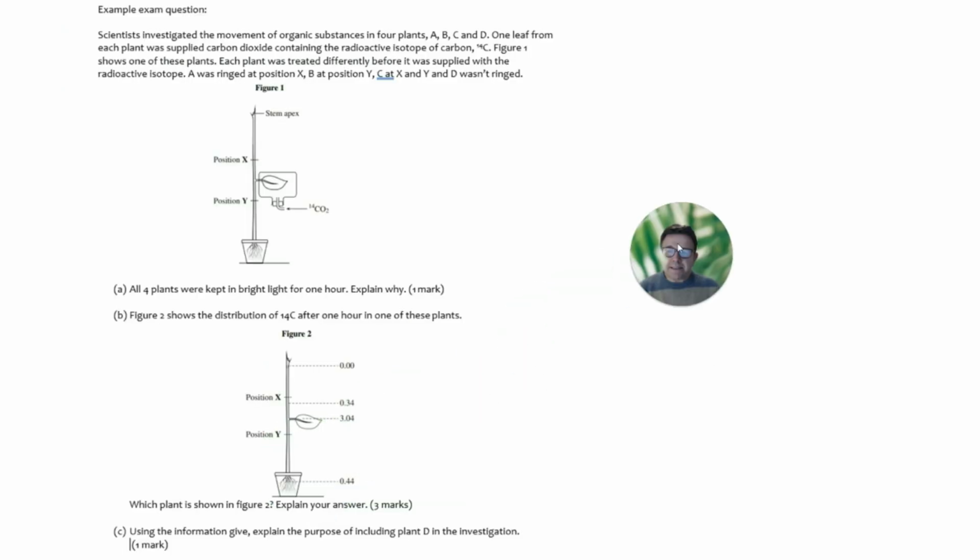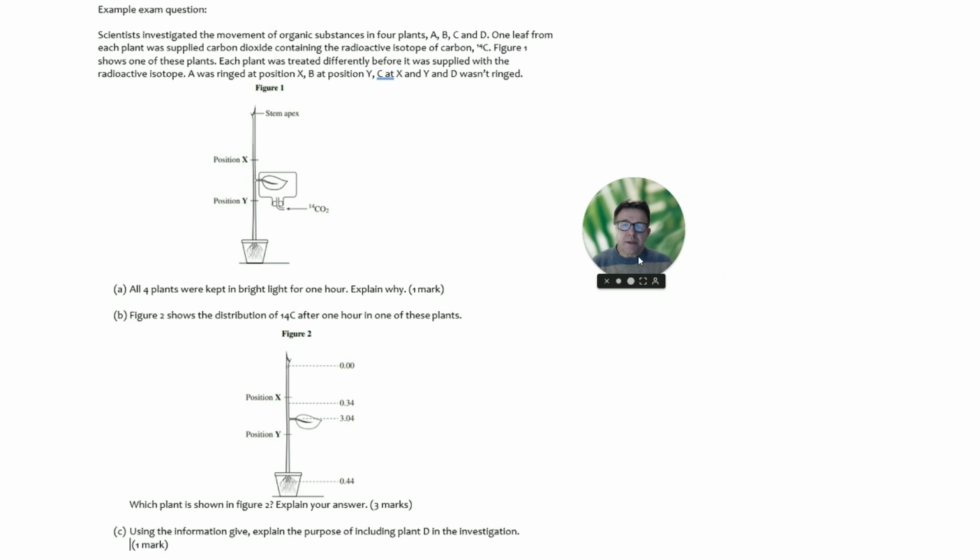Right, let's look at some questions. Okay, so I'm just going to talk about this question. It says they investigated the movement of organic substances in four plants, A, B, C and D. One leaf from each plant was supplied carbon dioxide containing 14C. Figure 1 shows one of these plants. Each plant was treated differently before it was supplied with a radioactive isotope.